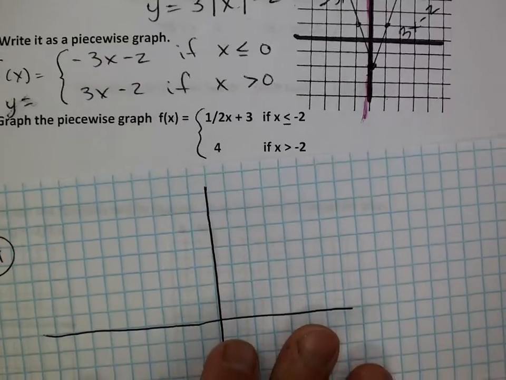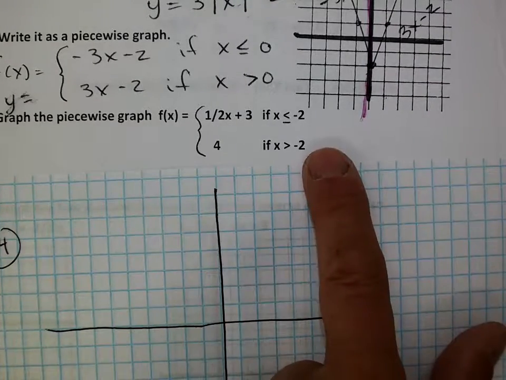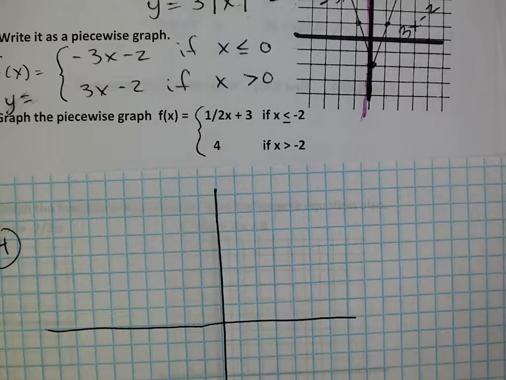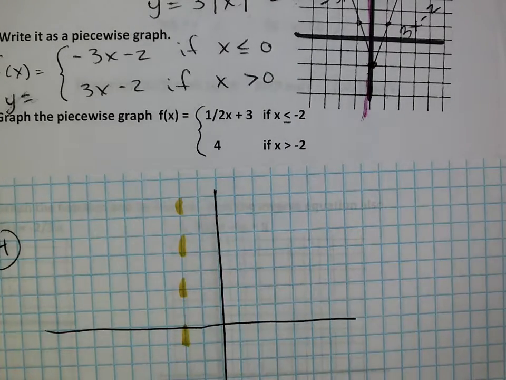All right. So I have a borderline at -2, all right? So I'm going to put my borderline at -2. So my borderline is not part of the graph at all. It just tells me where the graph would start and end, all right?